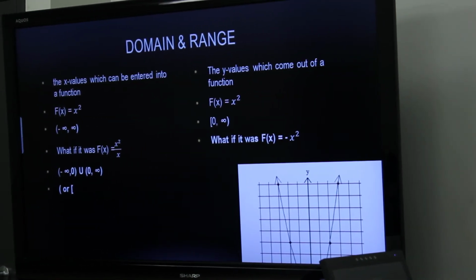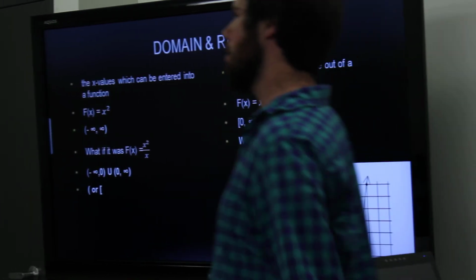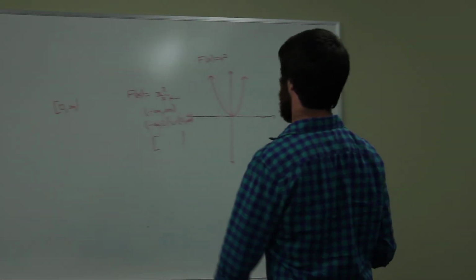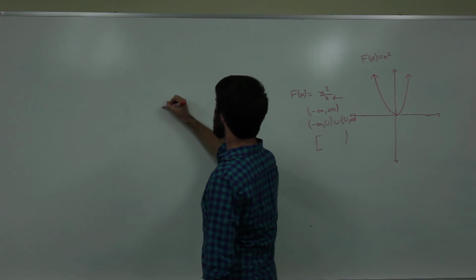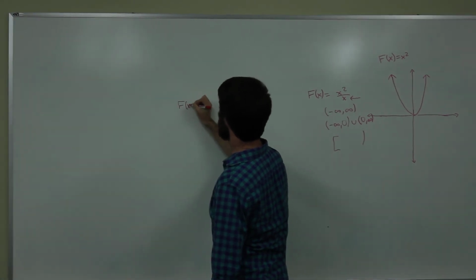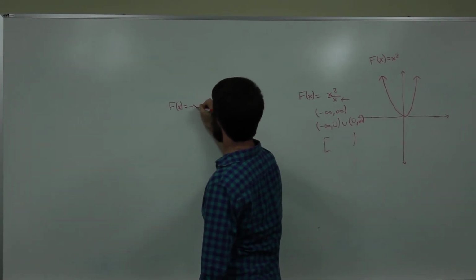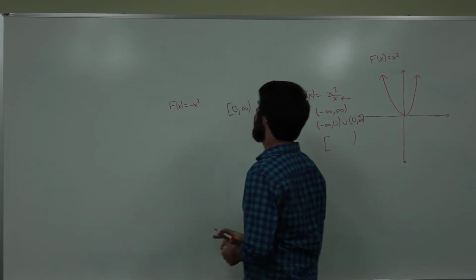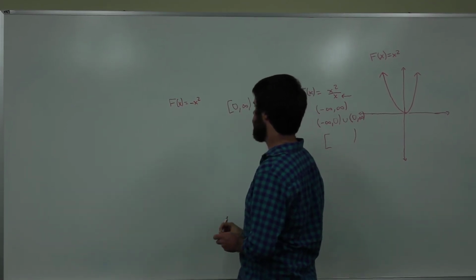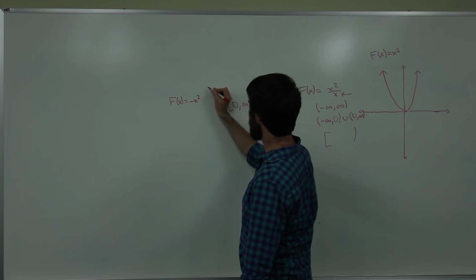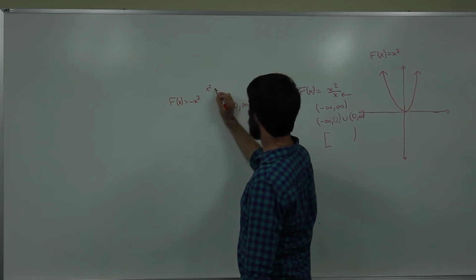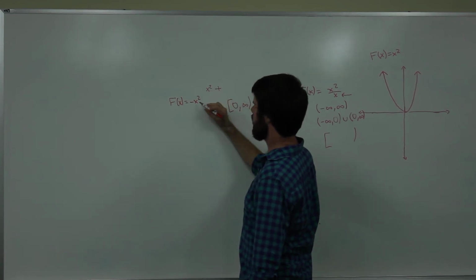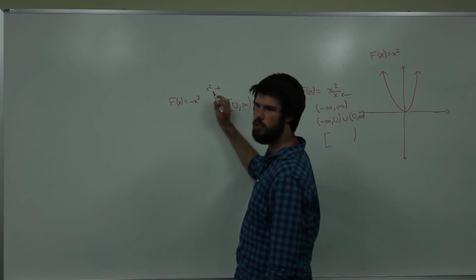And so what if it was f of x equals negative x squared? So we have f of x equals negative x squared. Okay, so what do we know about this? Since we knew that x squared was always going to be positive, we know that negative x squared is always going to be negative.